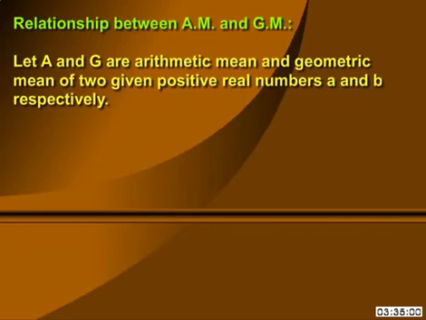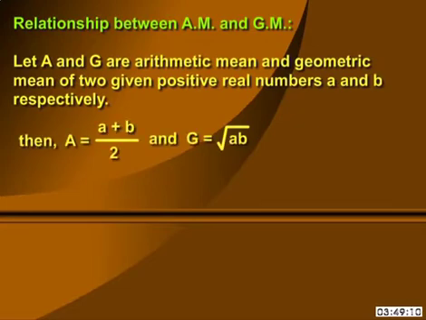Relationship between arithmetic mean and geometric mean. Let A and G be the arithmetic mean and geometric mean of two given positive real numbers a and b respectively. Then A is equal to a plus b upon 2 and G is equal to square root of ab.